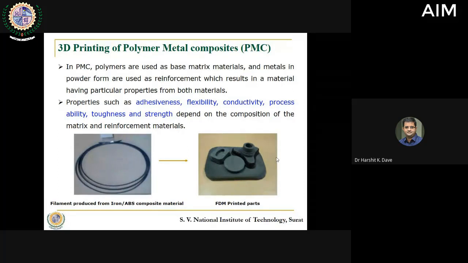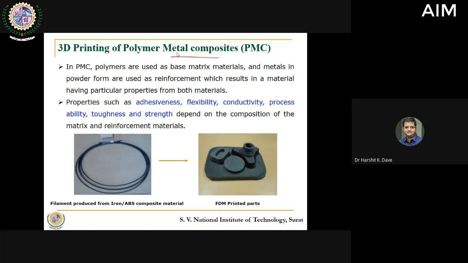Finally, I come to the discussion on polymer metal composites. Here, it is also a very promising field. In polymer metal composites, we use certain polymers as our base matrix, and we mix metal powder in certain proportion as a reinforcement.